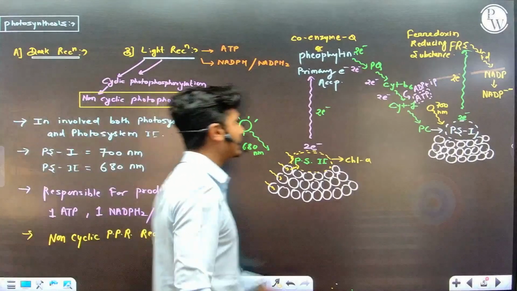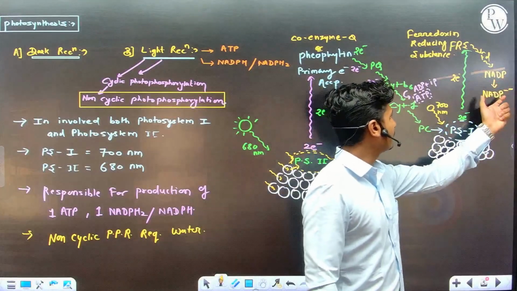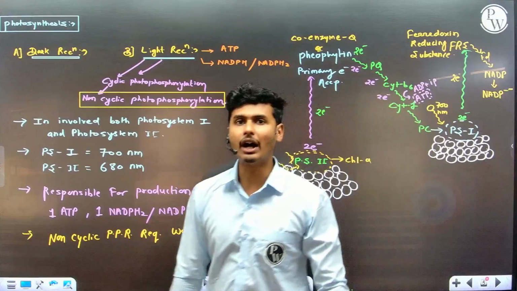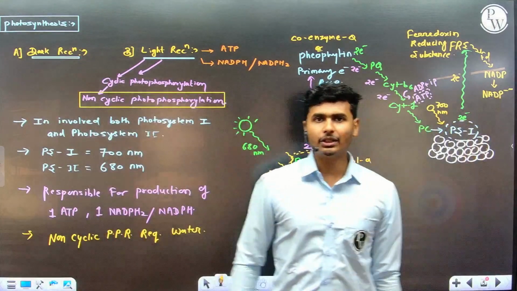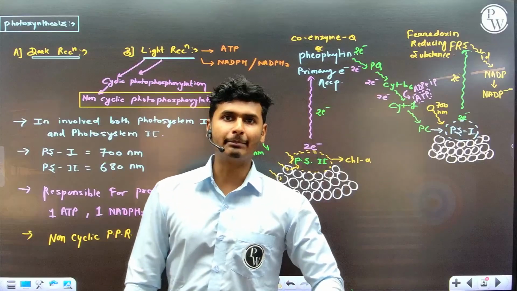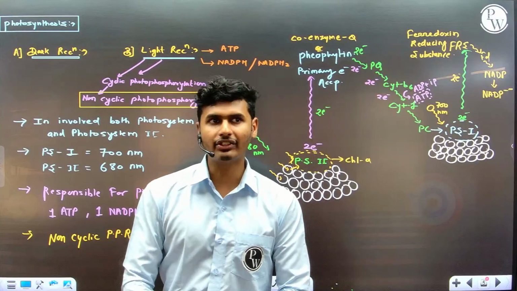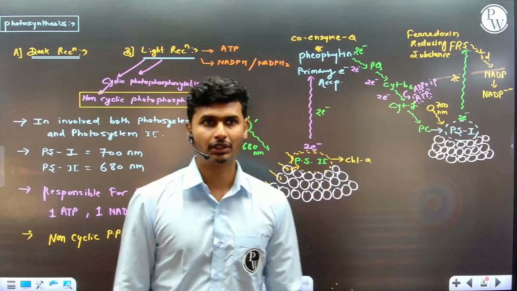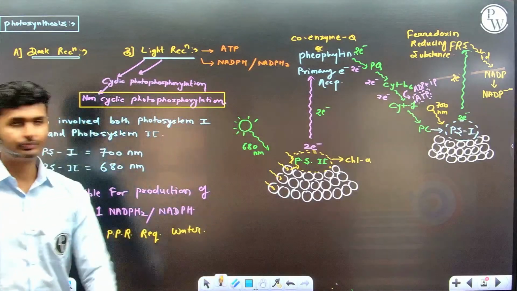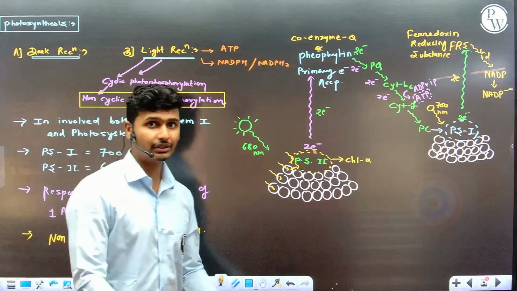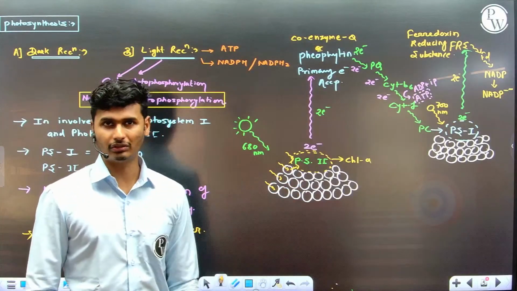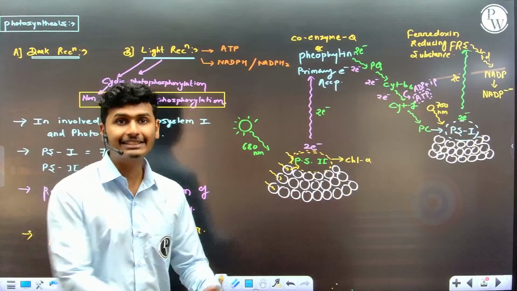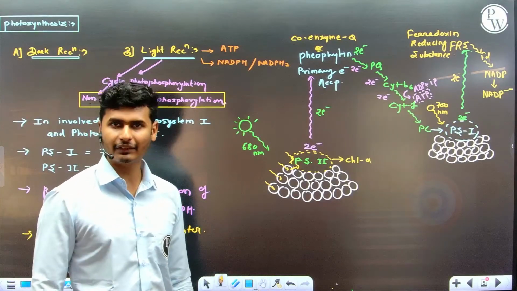I'm hopeful that you are getting my point, that NADP converts into the NADP di-negative ion. Now, the electrons are with the NADP molecule. NADP becomes NADP di-negative. Now, the reaction is over here, but this PS2 didn't have an electron with it. So, it requires another electron for the next non-cyclic photophosphorylation.